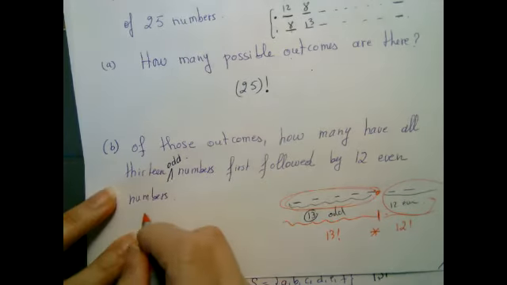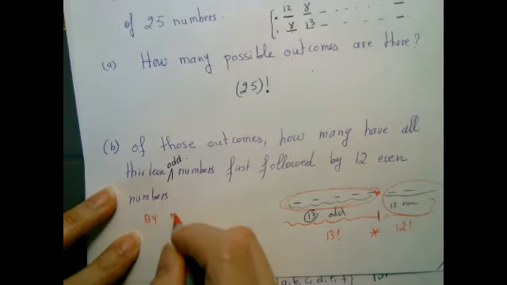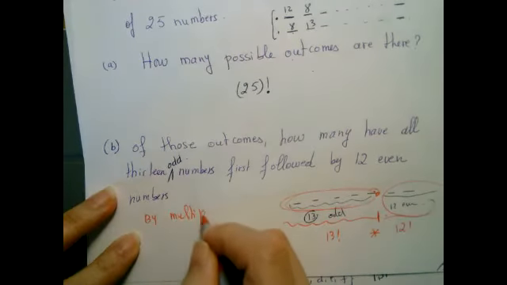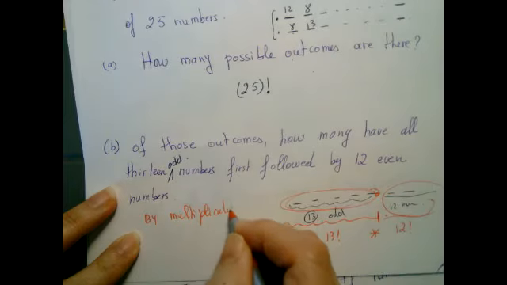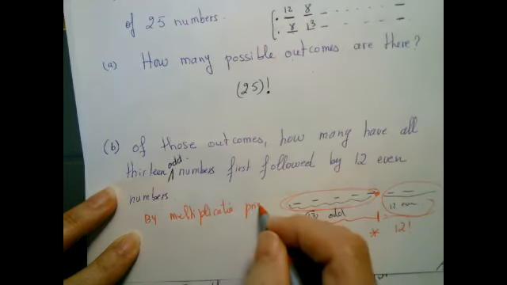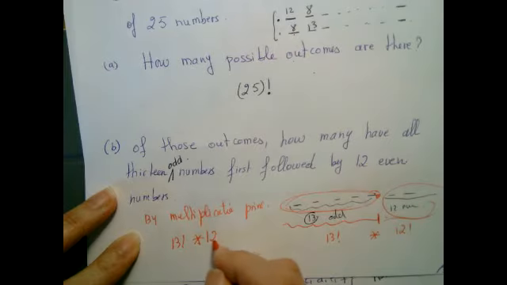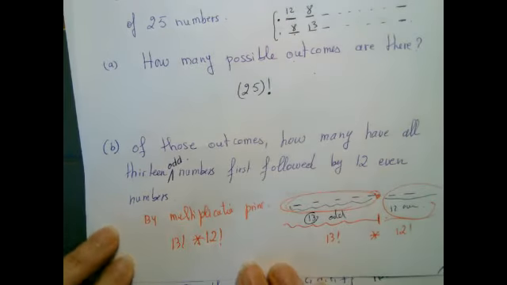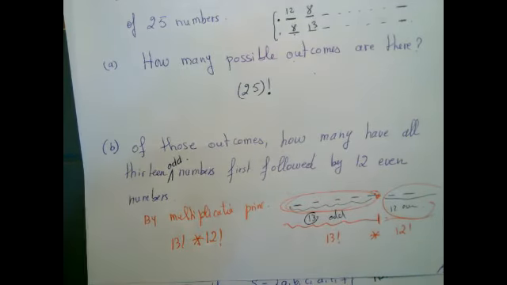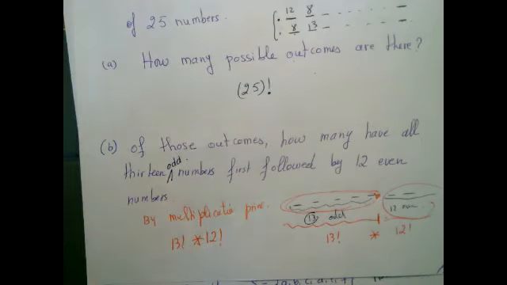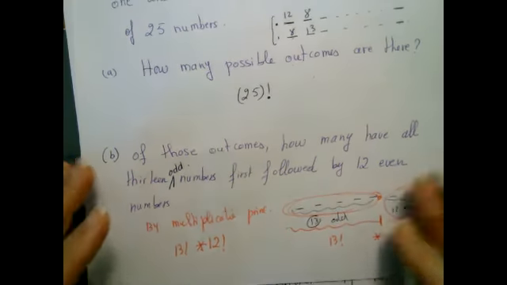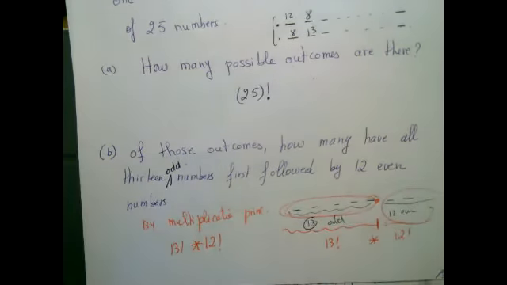So by the multiplication principle, I have 13 factorial times 12 factorial. Okay, so a permutation of a set is nothing more than taking the elements of the set and putting them in order, and asking ourselves in how many ways can we do it.